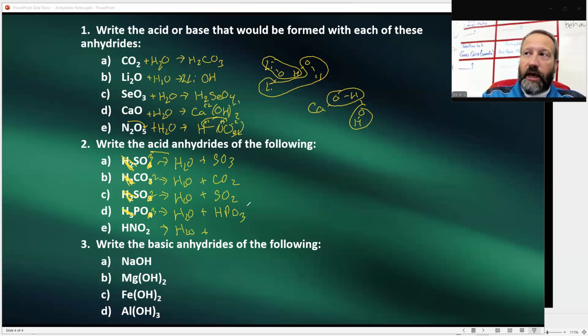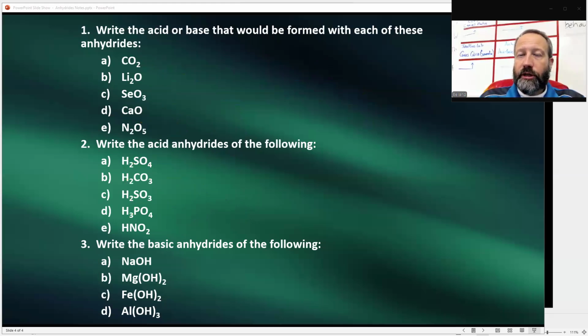If I pull out two H's and one O, I get HPO3. That's not looking like what I'm looking for. So I'm going to need to balance this. I'm going to need to pull out more water. I'm going to pull out two waters, okay? So I'm going to erase what I previously had. I'm just going to clear all the drawings real fast.